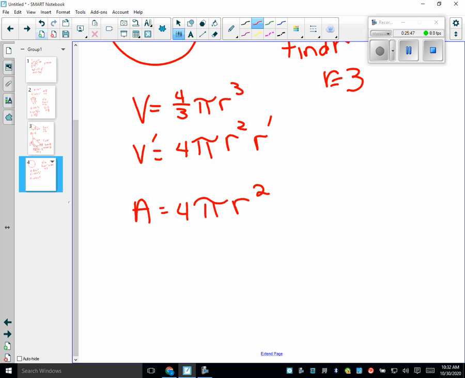So I know R, correct? So A prime equals 8 pi R R prime? We don't know volume.